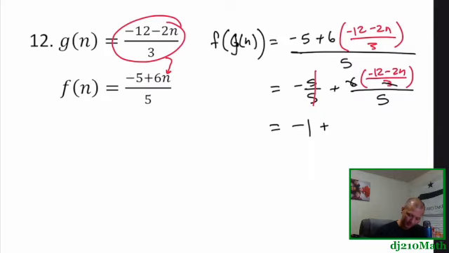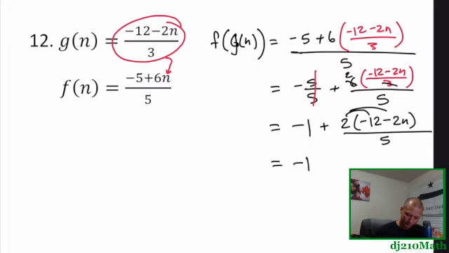So 2 minus 12 minus 2n, all over 5. If I distribute, I'm going to get negative 1 plus negative 24 minus 4n, again over 5.